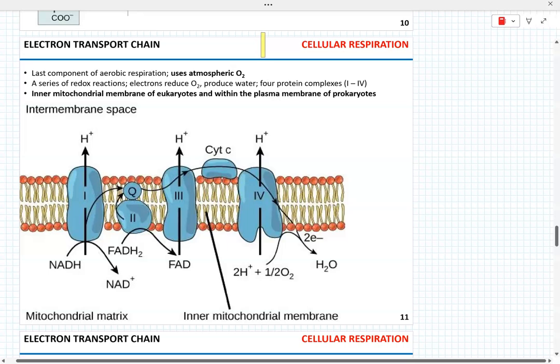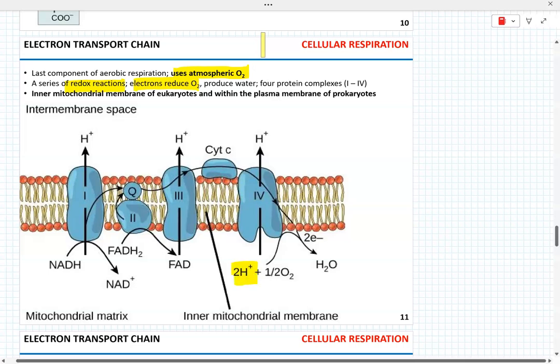The final step of aerobic respiration is the electron transport chain, which uses atmospheric oxygen as the final electron acceptor. The electron transport chain consists of a series of reduction-oxidation reactions, at the end of which electrons reduce an oxygen molecule, producing water using available protons.